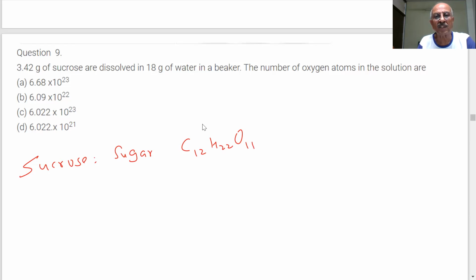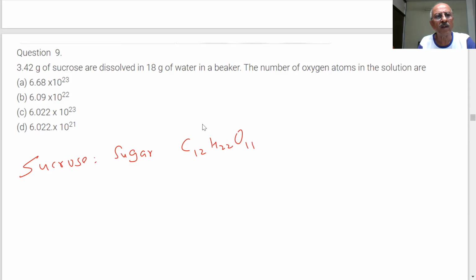Was the formula given in any previous question?